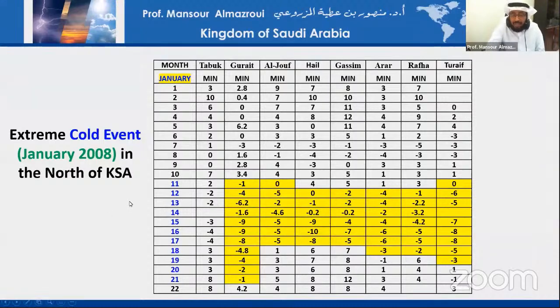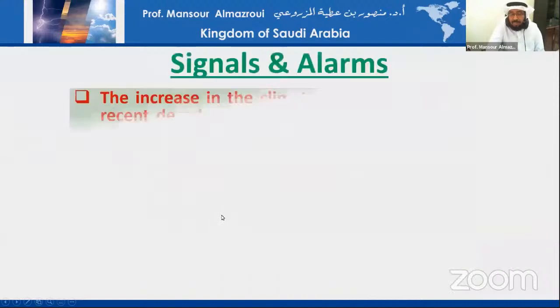You can see Gurayat, this is the long spell. You can see it reached down to -9 degrees. And this is really very big. Many people, in fact, were affected in Al-Jawf and Gurayat, and some people died in this cold event.